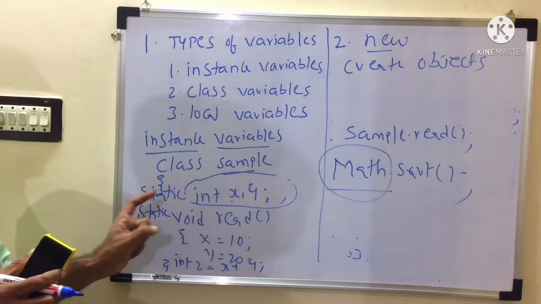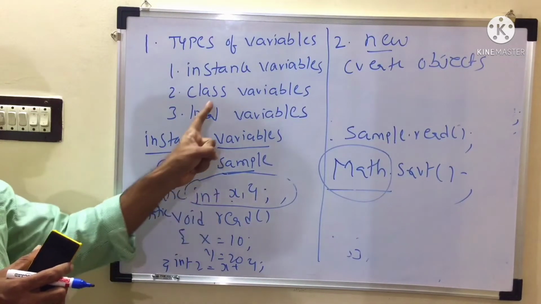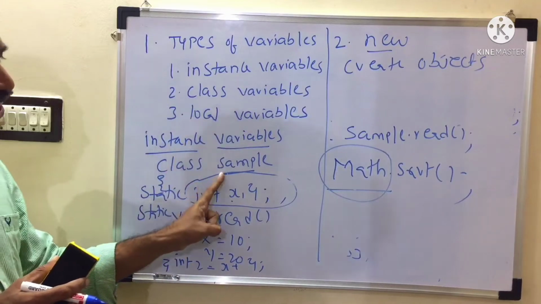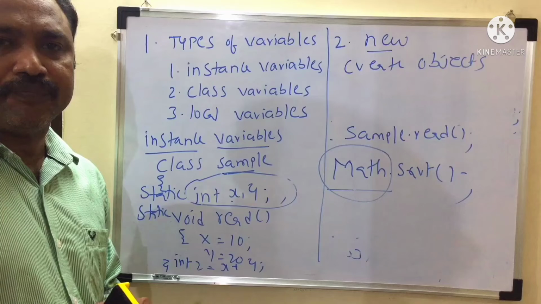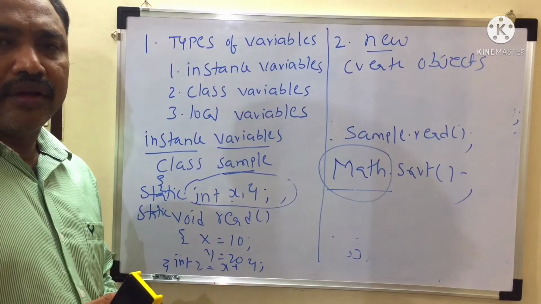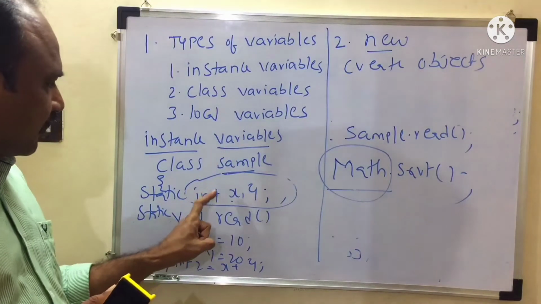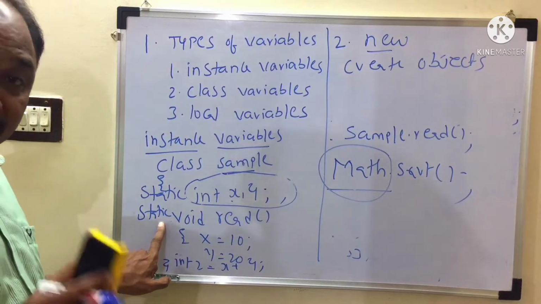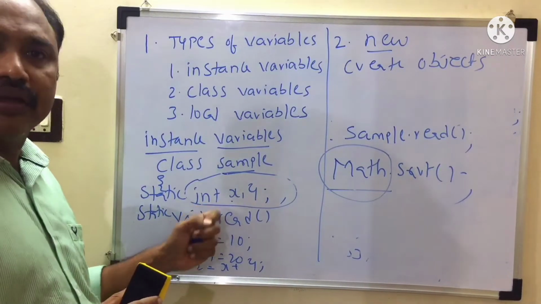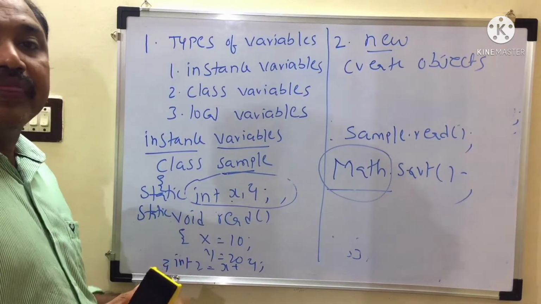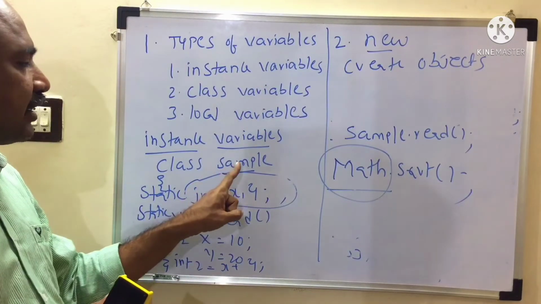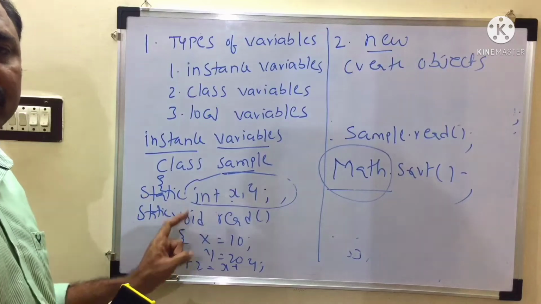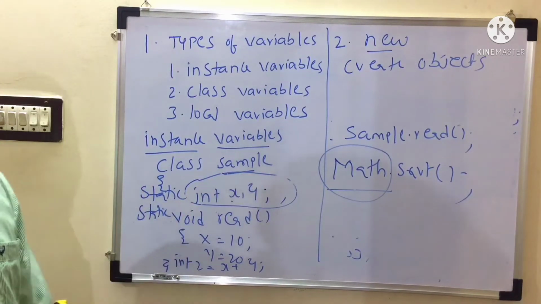Okay? A variable declared using static is referred to as a class variable, because if I create n number of objects for the class, only one copy of the variable is created. To access static variables, we use static methods. The advantage of static methods is that if a class contains a static method, no need of creating an object; we can access it using the class name itself.